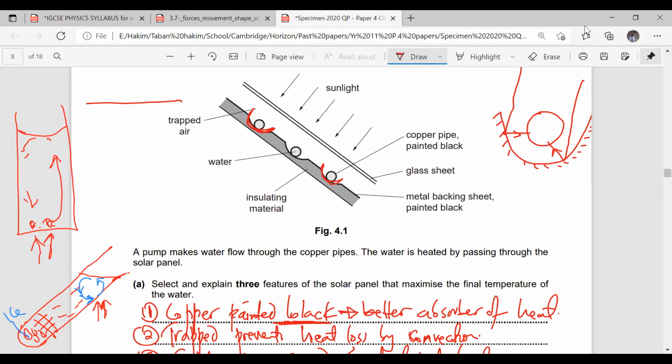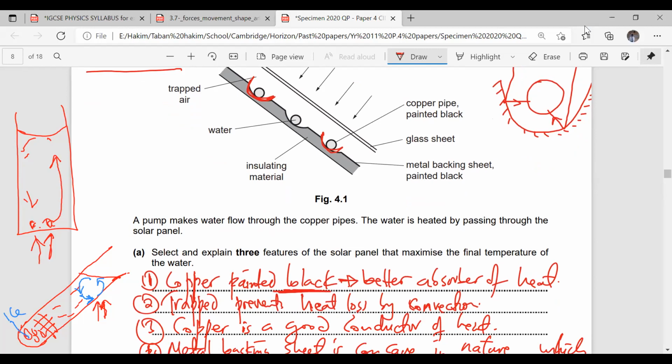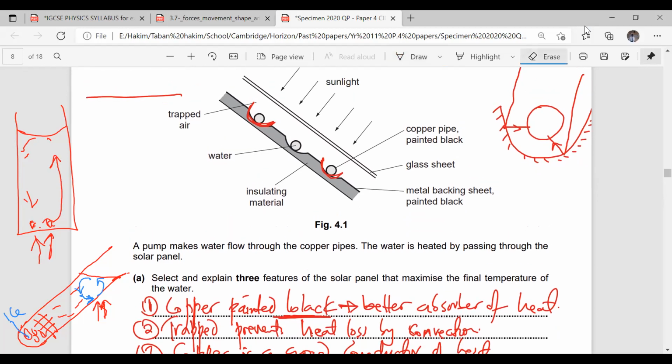To enable proper circulation of water. Like to avoid, is it respiration? I'm not good at biology.